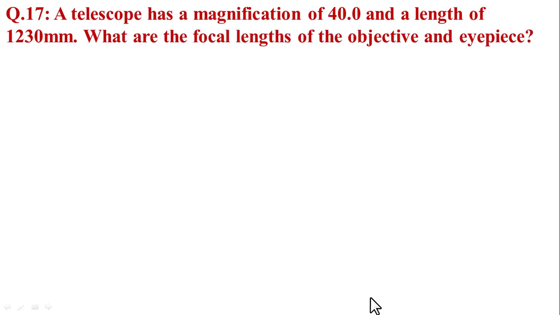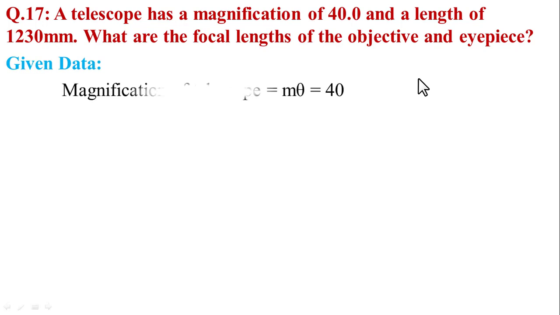Now the last numerical: a telescope has a magnification of 40 and a length of 1230 millimeters. What is the focal length of the objective and eyepiece? First of all, write the given data.